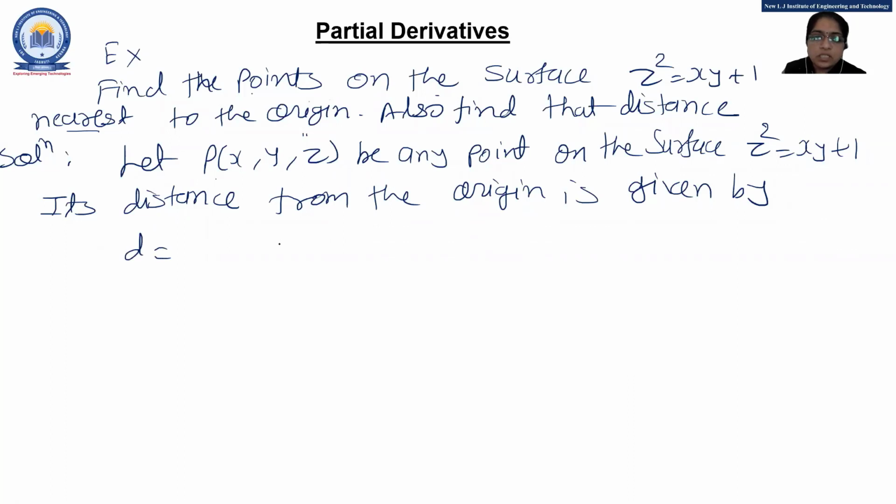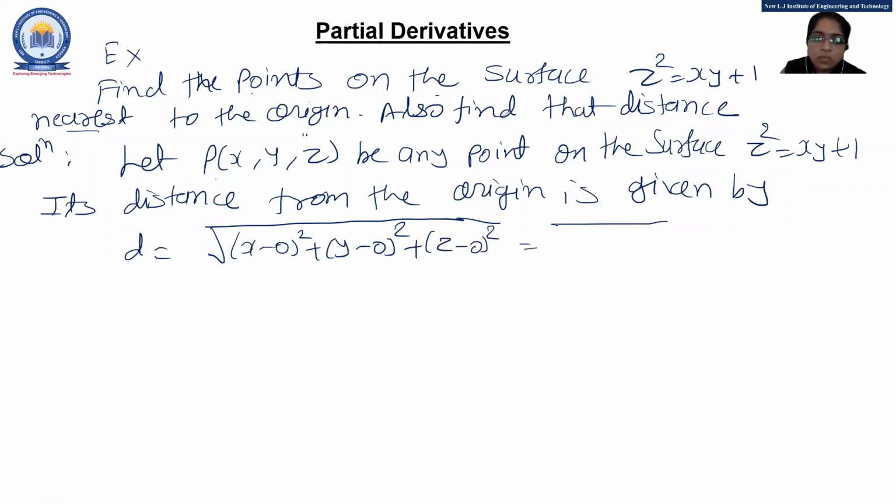So by applying the distance formula, that is square root of (x minus 0) whole square plus (y minus 0) whole square plus (z minus 0) whole square, that is square root of x square plus y square plus z square. And by squaring both sides, we have d square is equal to x square plus y square plus z square.